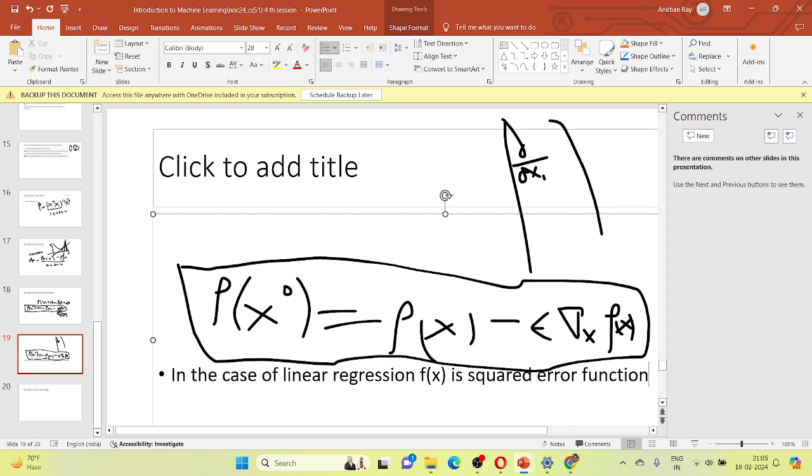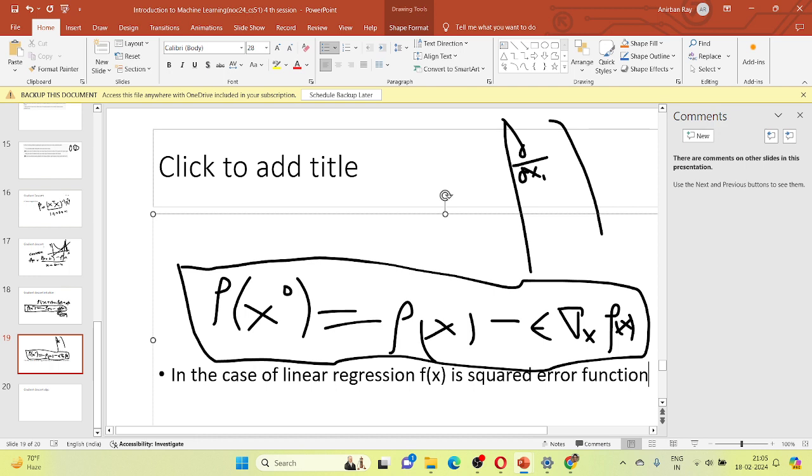Repeated application of gradient descent results in the minimization of the cost function, which will result in our best fit linear regression line.